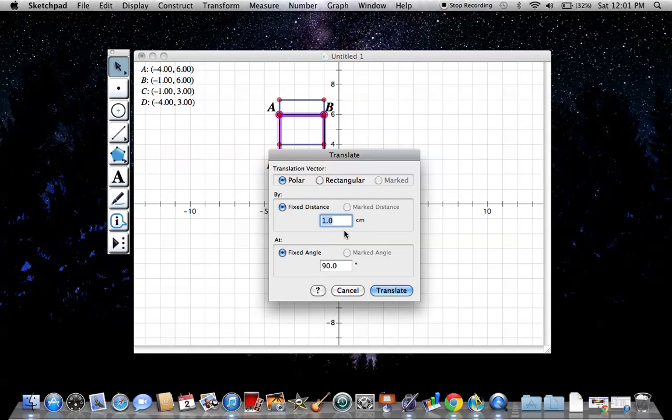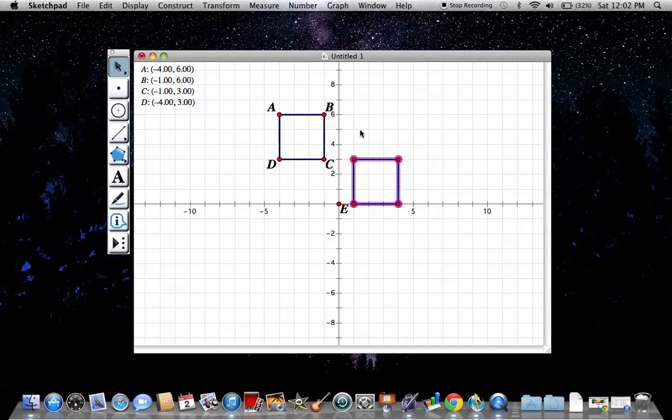I'm going to move it horizontally 5 units, and then vertically I'm going to move it down 3 units. Translate.